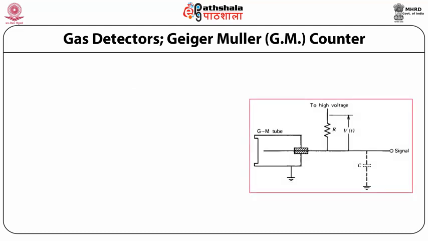Now, as we understood in the discussion of the previous slide, quenching needs to be applied to the GM tubes to overcome the problem of multiple pulsing. Two quenching methods are applied: external quenching and internal quenching.